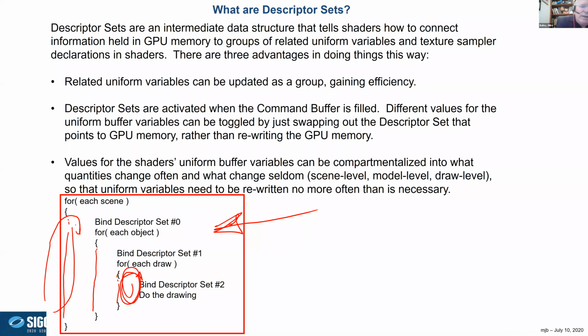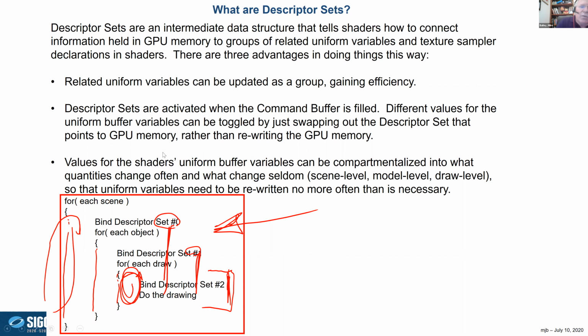And so really, whatever uniform variables we need to set for each draw, let's put those all together so that we can update them without having to update these uniform variables. Okay, and so this is sort of the logic behind descriptor sets. There's really two things. Descriptor sets are a way of bundling your uniform variables in ways that make sense. Things that tend to get changed together, things that tend to get changed in the same parts of the program, or same parts of the rendering.